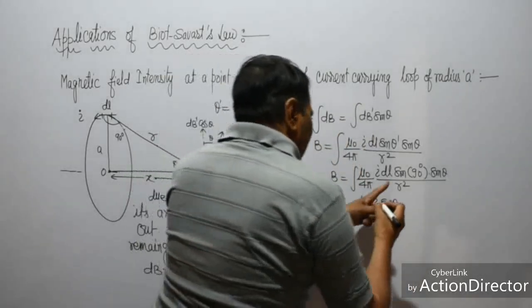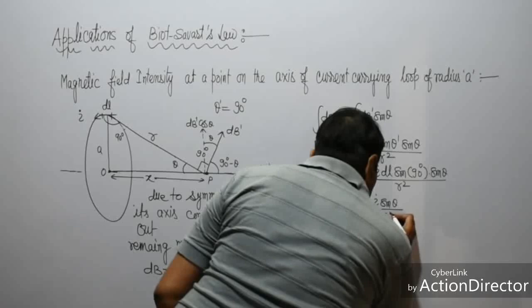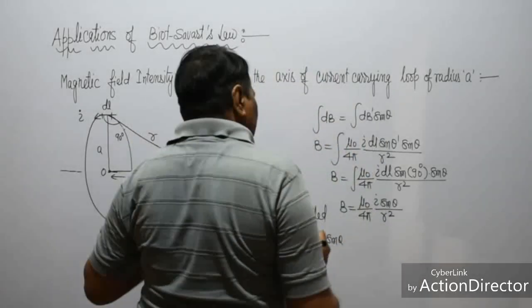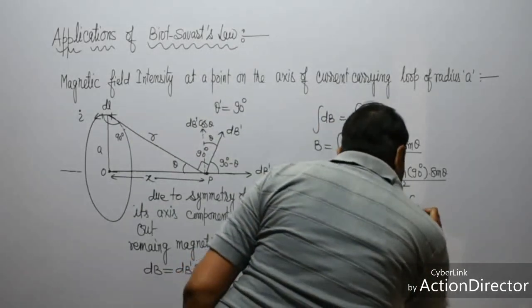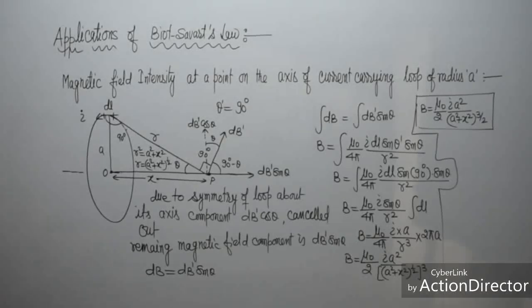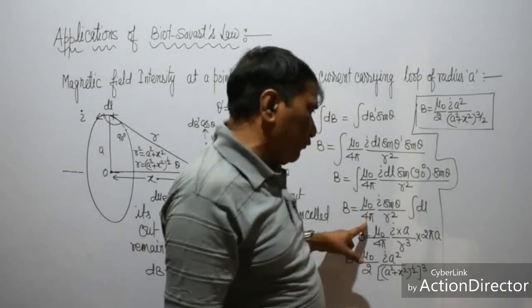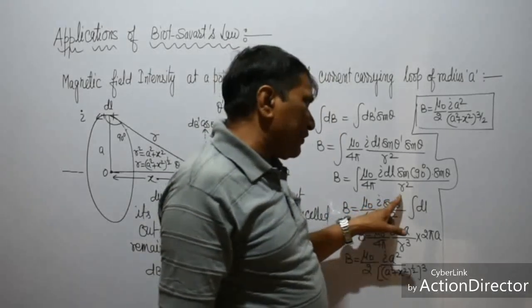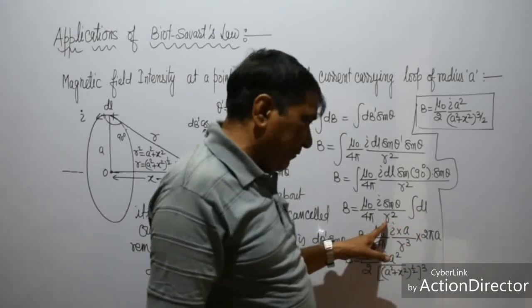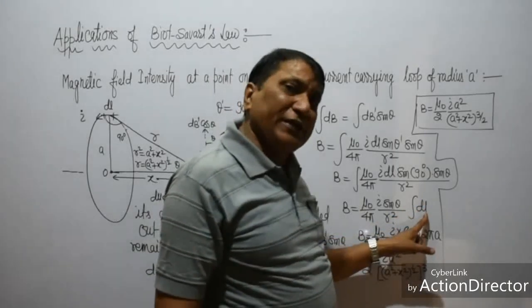Okay? This small r square will also not change, and integration dl. So here we have B equal to mu 0 upon 4 pi I sin theta, sin 90 equal to 1, divided by r square, integration dl.